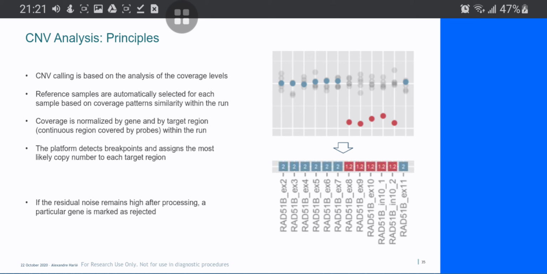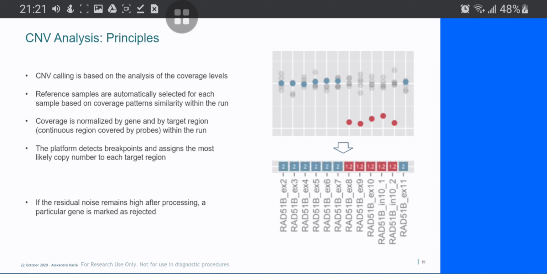Coverage is then normalized by gene and by target region within the run. And the platform is able to detect breakpoints and assign the most likely copy number to each target region. So to make it really simple, the software is checking the depth and the coverage for each part of the panel, and is able to see when you have some loss or gain in the coverage.